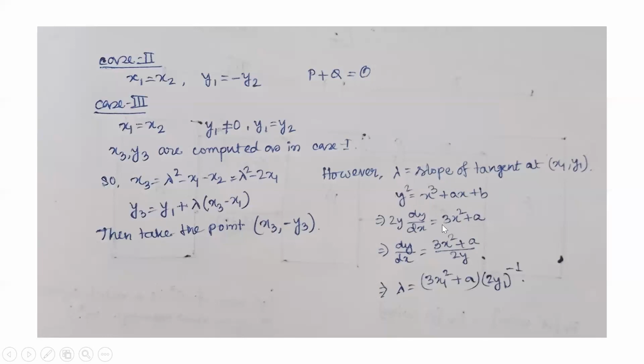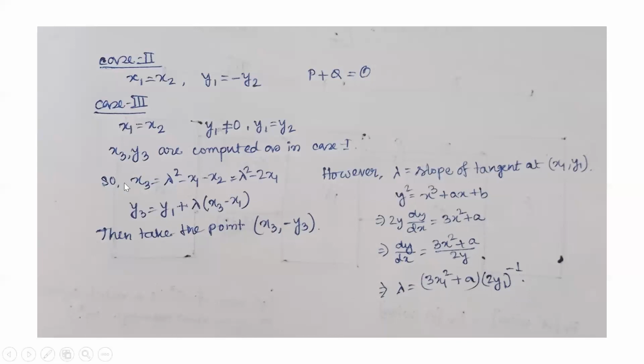You compute the derivative dy/dx, which is (3x square plus a) by 2y, and you replace the values for the point x1, y1, which is the known point on the straight line passing through it. So the slope dy/dx, denoted as lambda, is computed as (3x1 square plus a) into the inverse of 2y1.